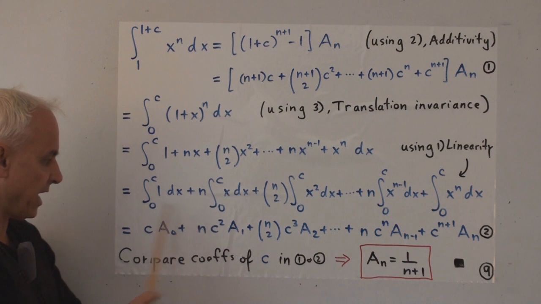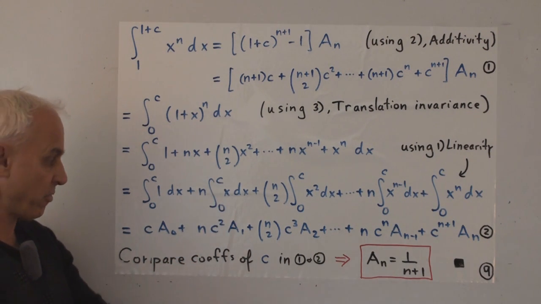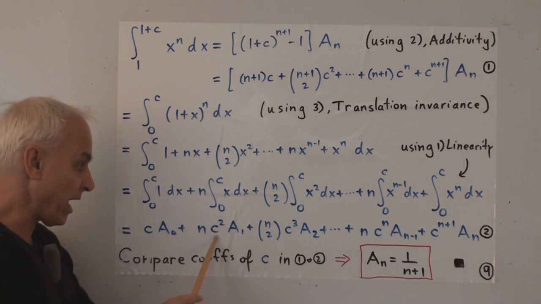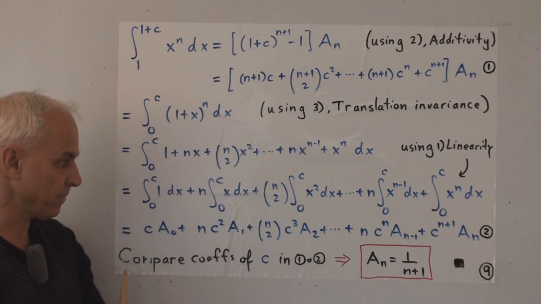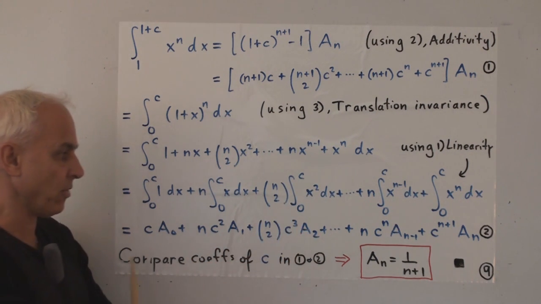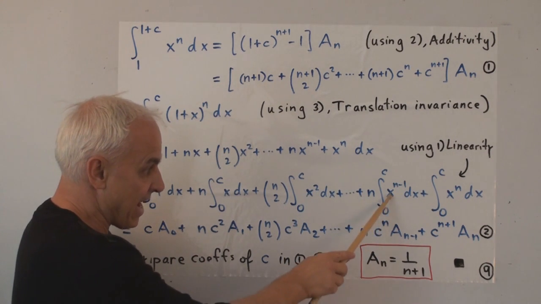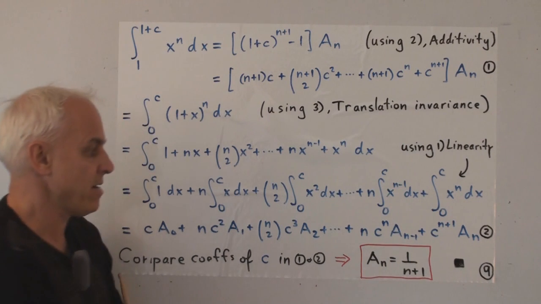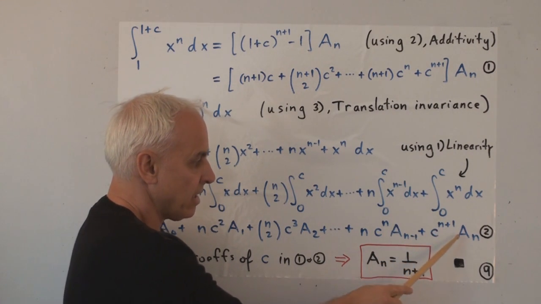This next one is an n. The integral from 0 to c of x dx, using that basic formula we established, we get c squared times a sub 1. The 1 because this is x to the first power. And then n choose 2 times c cubed times a sub 2. All the way up to n times c to the n times a sub n minus 1 plus c to the n plus 1 times a sub n.